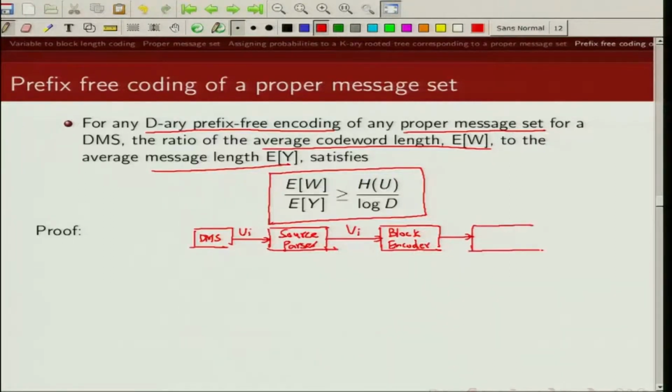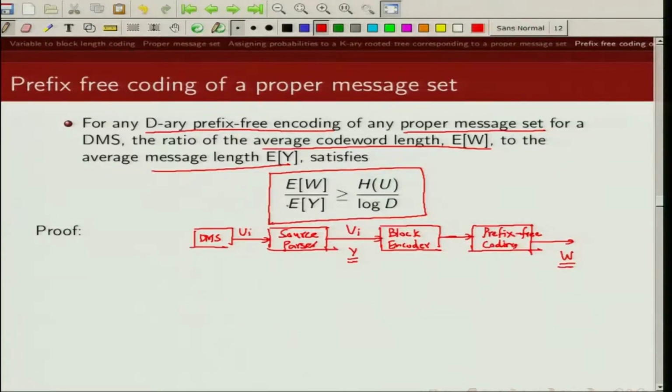Now that is input to a prefix free coding, which takes as input blocks of fixed length and gives out code words of variable length, and W is the length of this output code word, which is a random variable. And Y is the source length of the parsed input sequence, and Y is also a random variable.